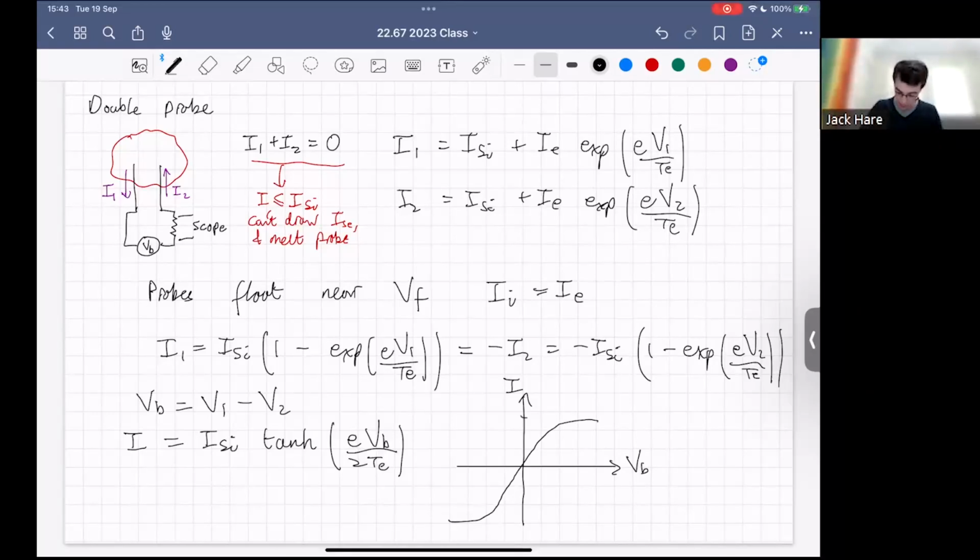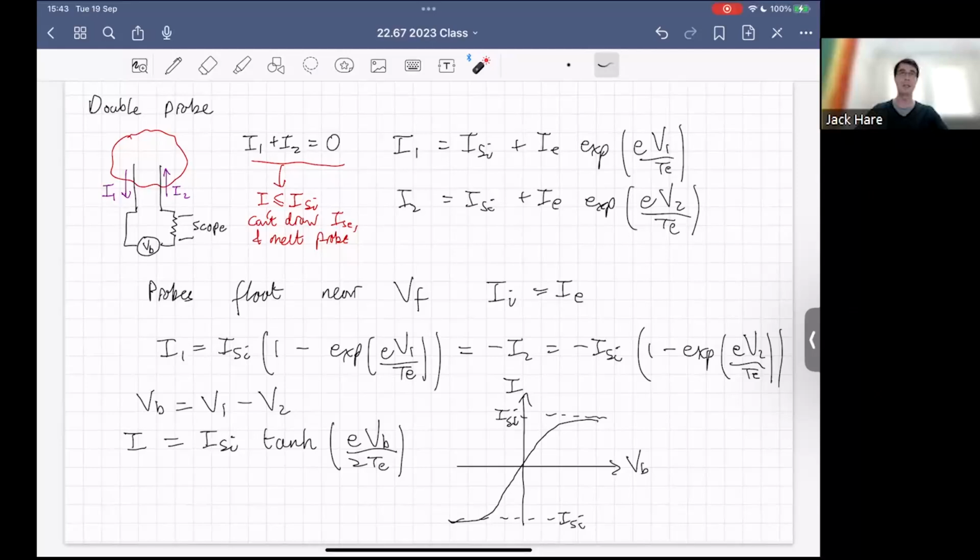Okay, and so this is asymptoting at the ion saturation current, or at minus the ion saturation current here. So this is sort of the proof of what I said earlier, that we can't draw more than the ion saturation current here. And this is very nice and symmetric. And I'll show you in a moment how we use that to actually measure all the properties of the plasma.